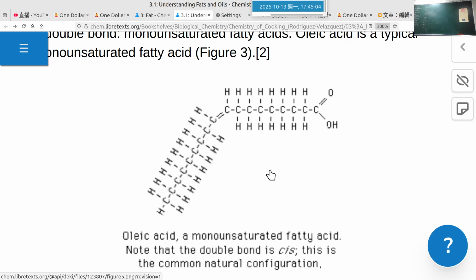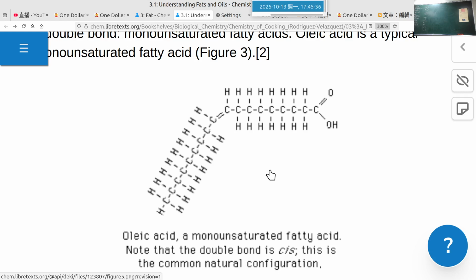And on the other side, C double bond here, and hydrogen, carbon chain, hydrogen, carbon. You can see those two groups of carbon chains are located on the opposite side. This structure is called trans. Yes, it's about trans fatty acid.